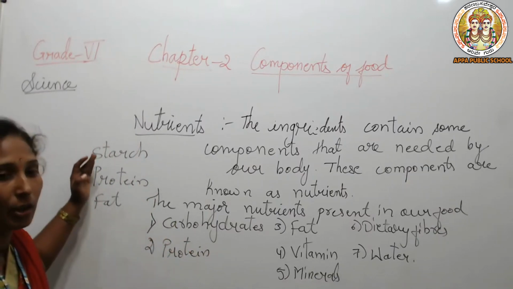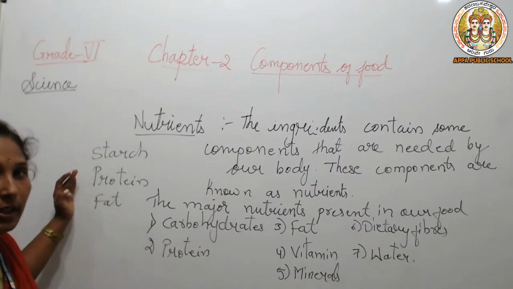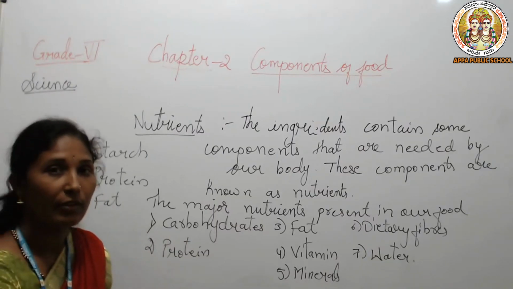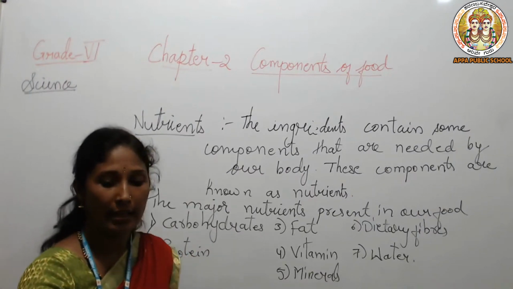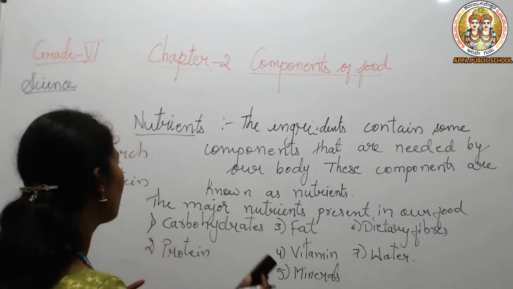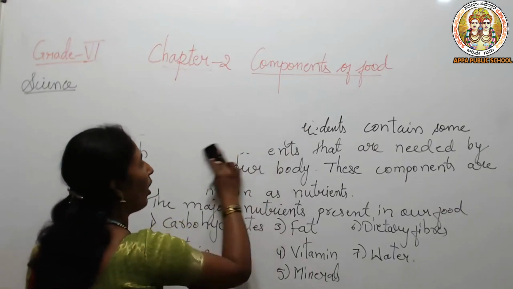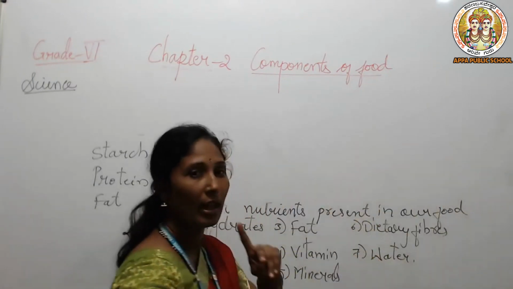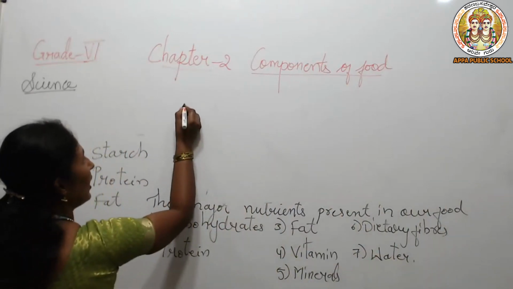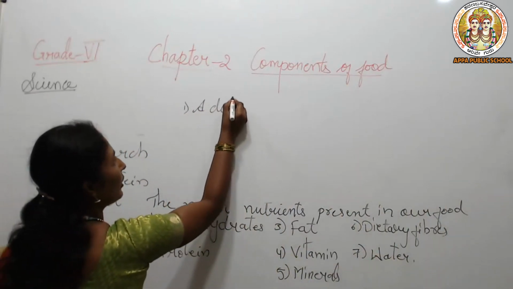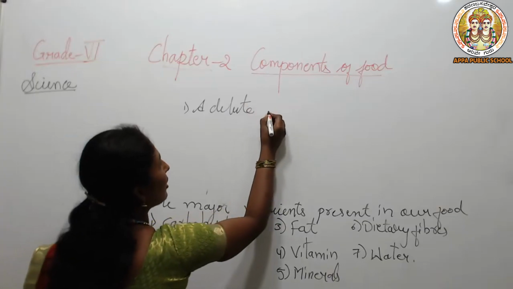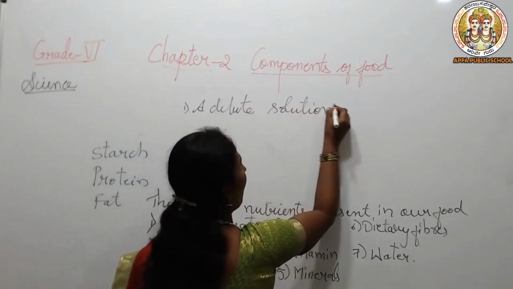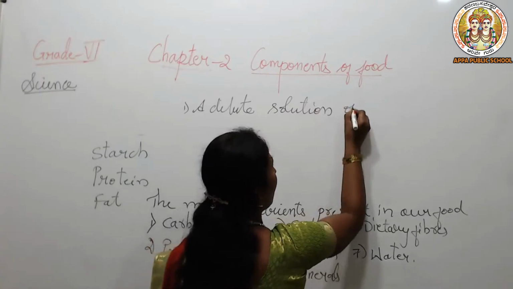To test for all these three nutrients, we require some solutions. That also we studied in the last class. What are the solutions we require? We prepared three solutions. First, a dilute solution of iodine.